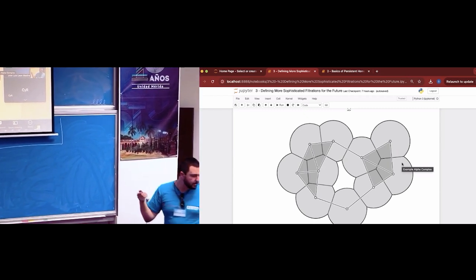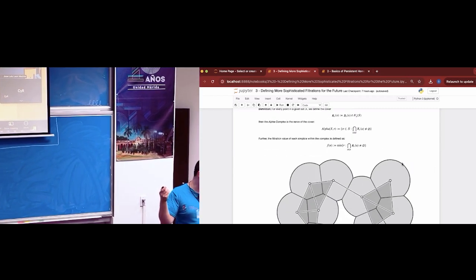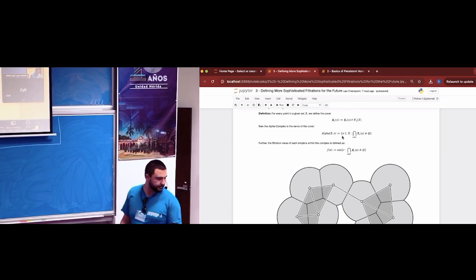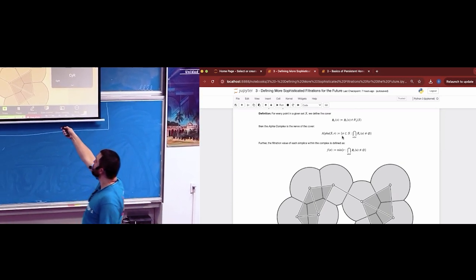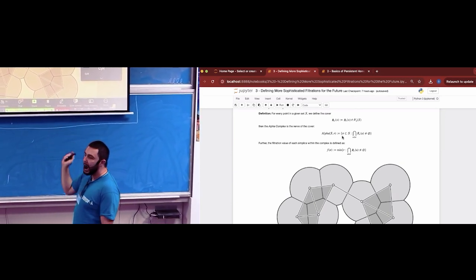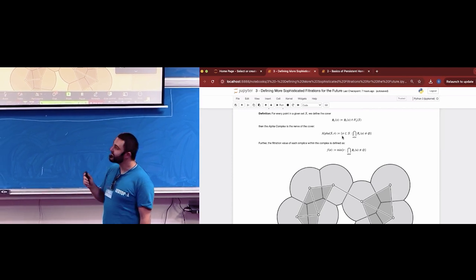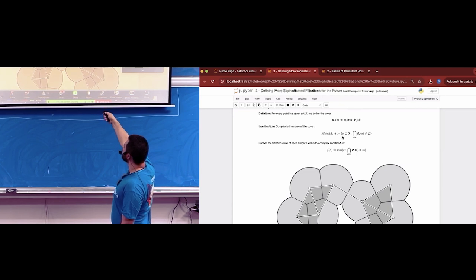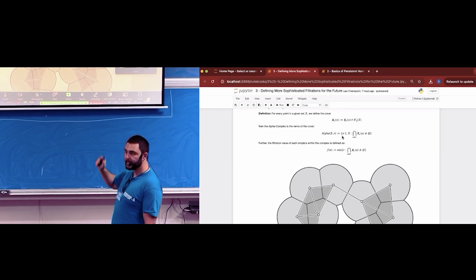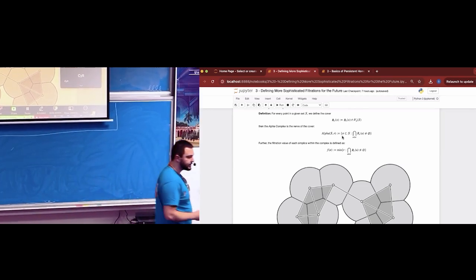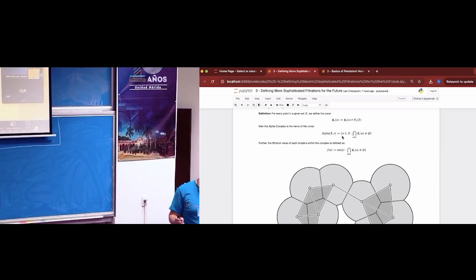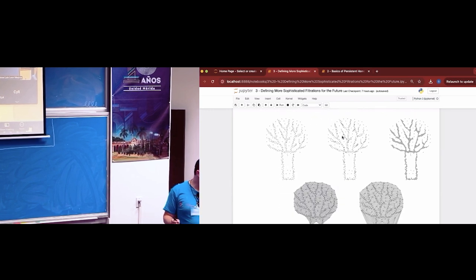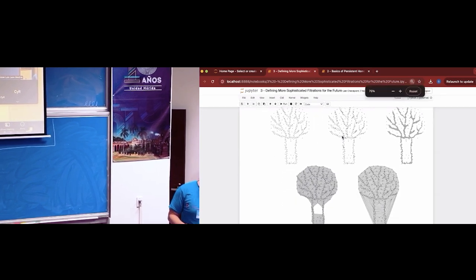Again, we're defining complexes in terms of the nerve of something. And then we take the nerve, which is the intersection. I like defining filtrations very explicitly, so the filtration value for each simplex within the complex is defined as f of the simplex is equal to the minimum radius for which the intersection of the balls is not empty. Make sense? Visually, it looks something like this.